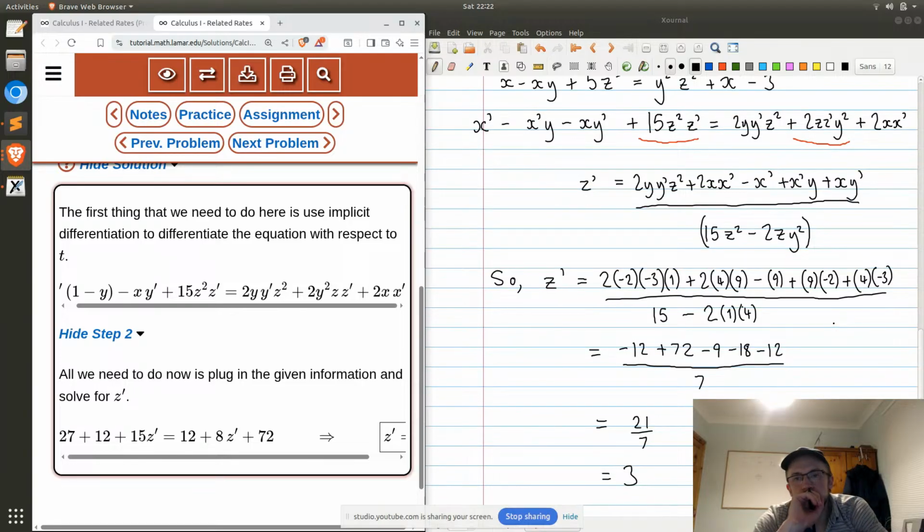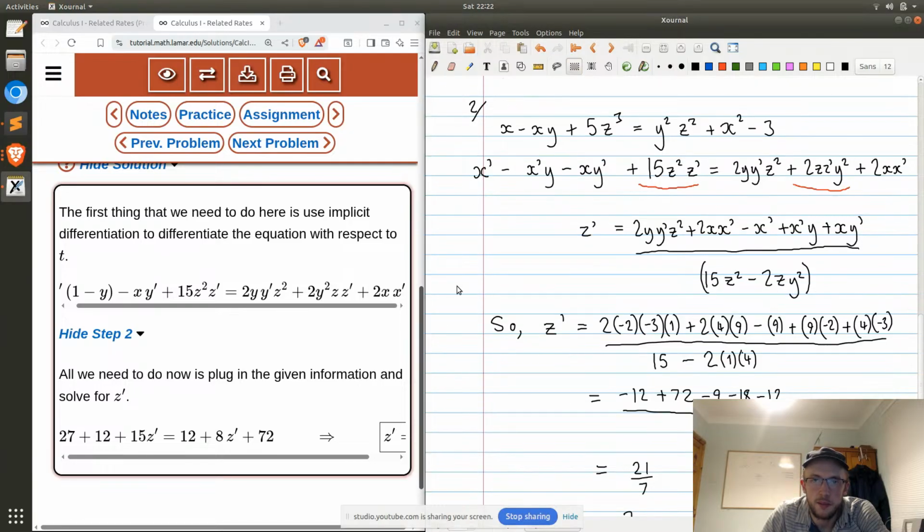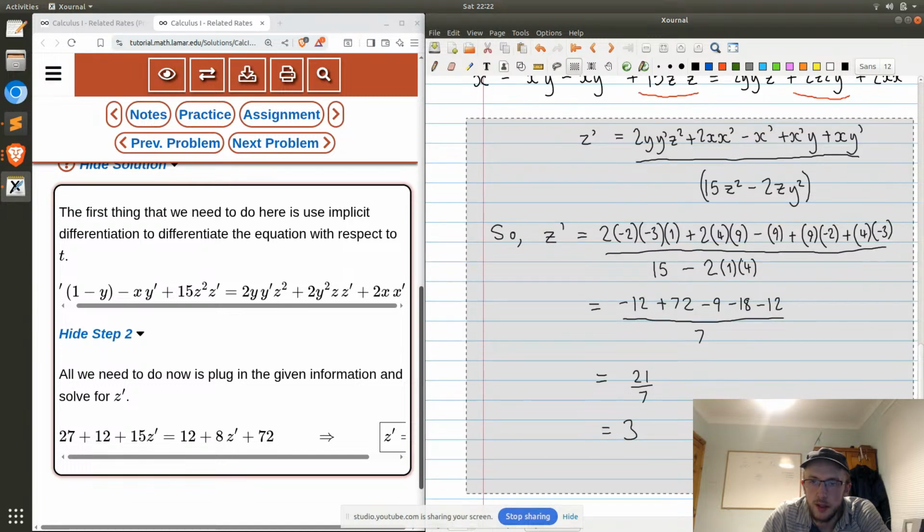But it appears that this step was just totally unnecessary. It's something which introduces error. Right? Well, if it's unnecessary, it's unnecessary. I'll just have to delete the whole thing.